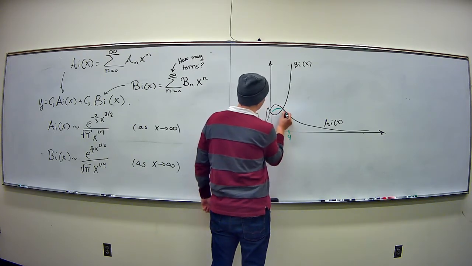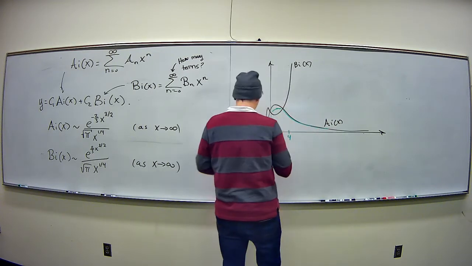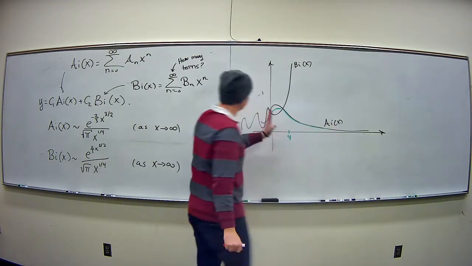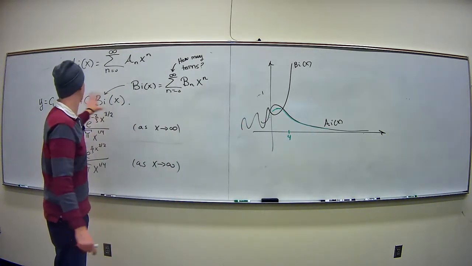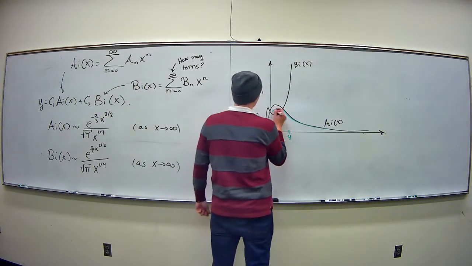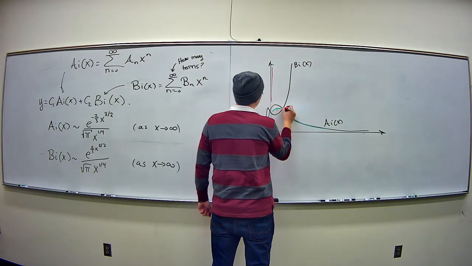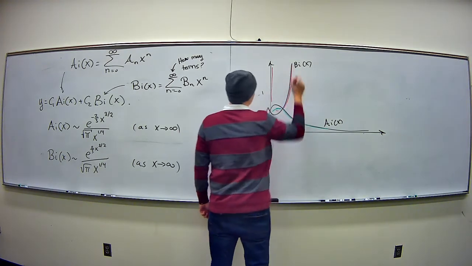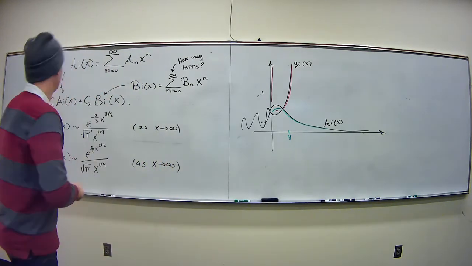But here, this is what amazes me, and I wish I was told this more. Before the value 4, it's not the best approximation of what this function looks like. But after 4, I think this one goes like this. Now you see the green and the red.